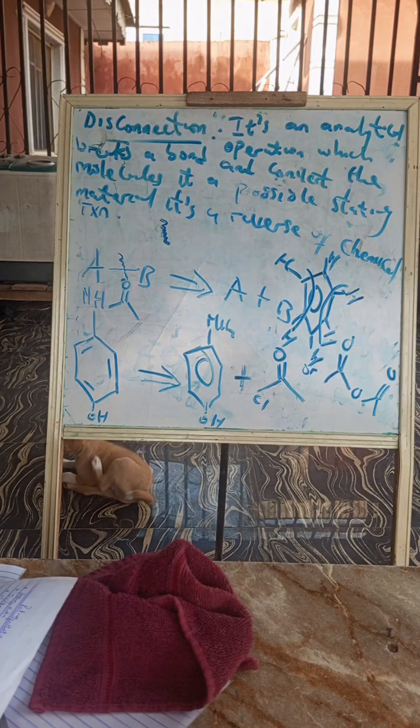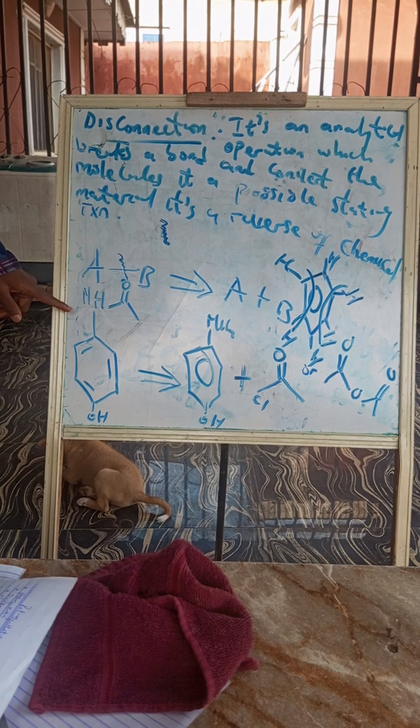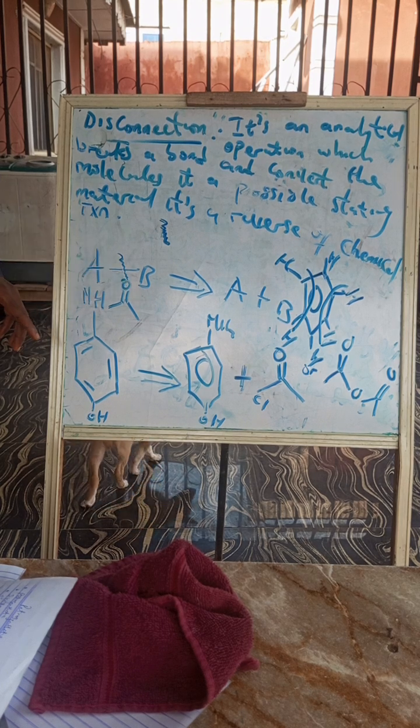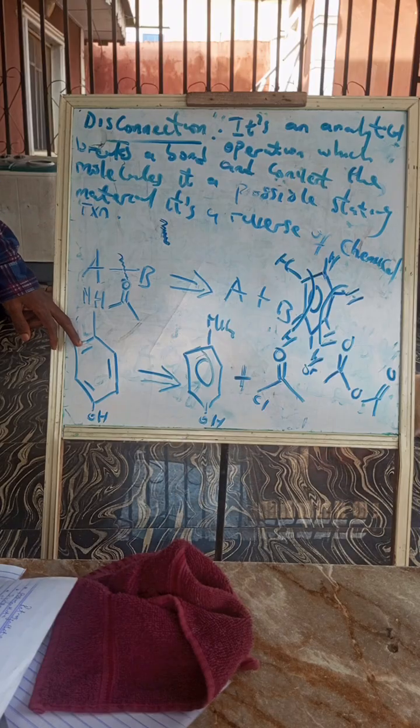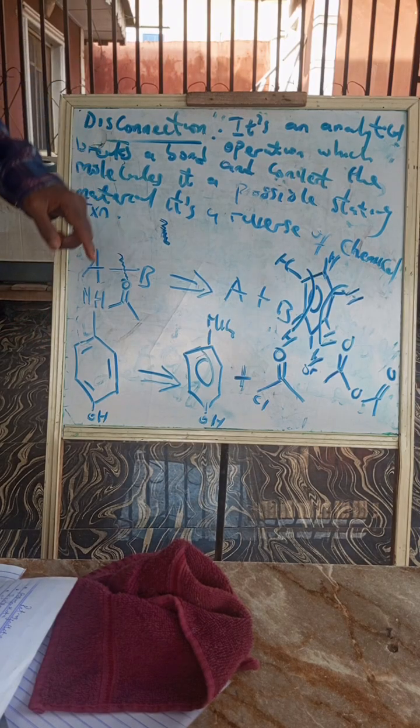For example, we have acetaminophen here, that is Tylenol. We want to know what our starting material is to form acetaminophen. The first thing is to disconnect, that is, cleave.